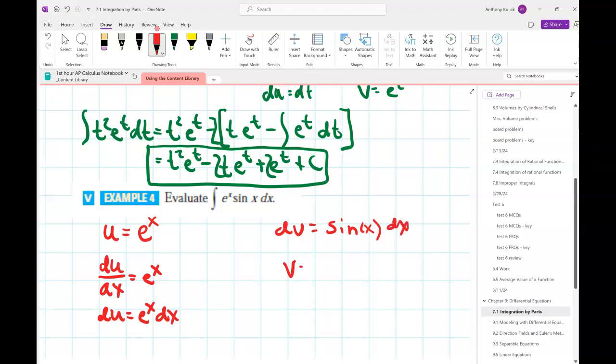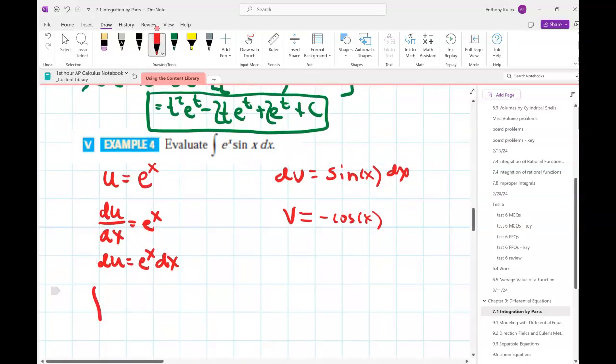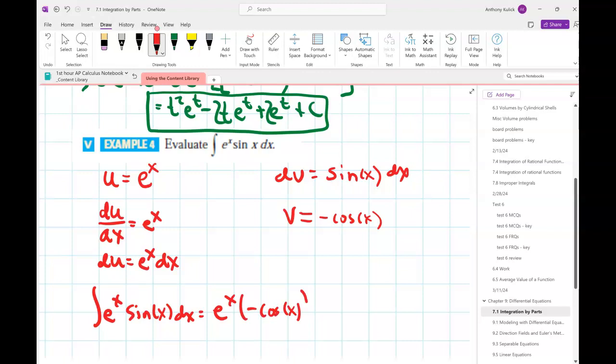Oops, I should put the dx there. And the integral of sine x is negative cosine x. So I have u times v minus the integral of v du.